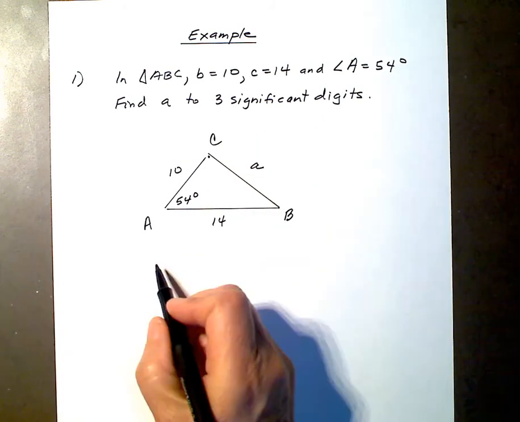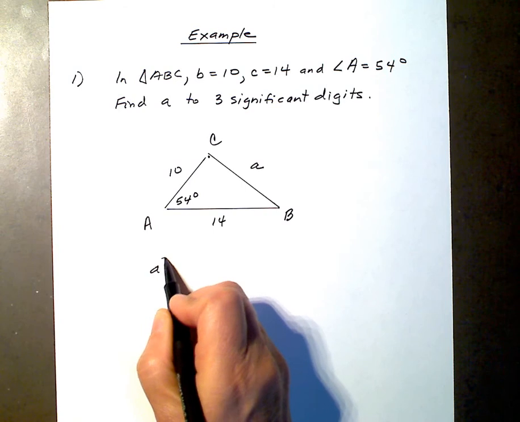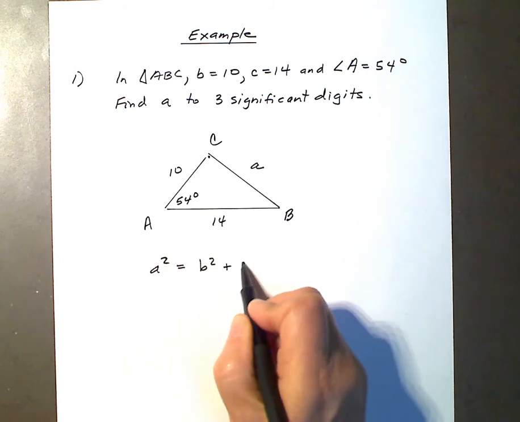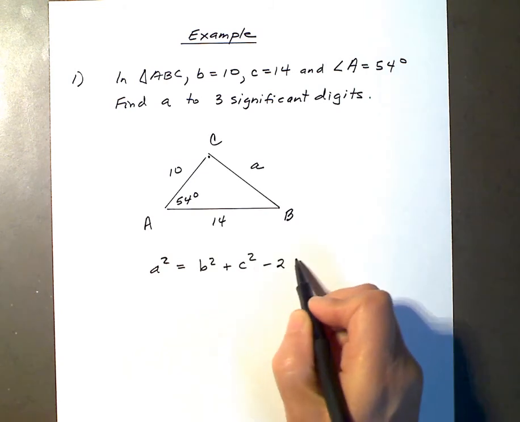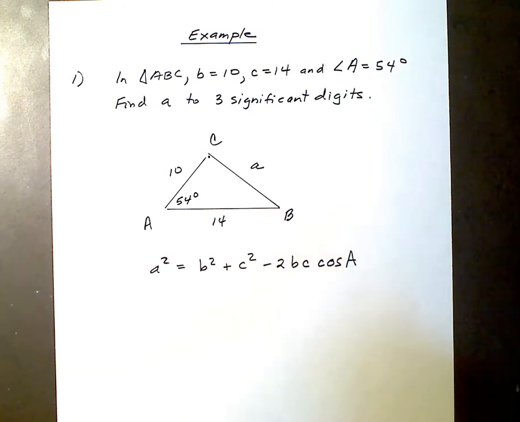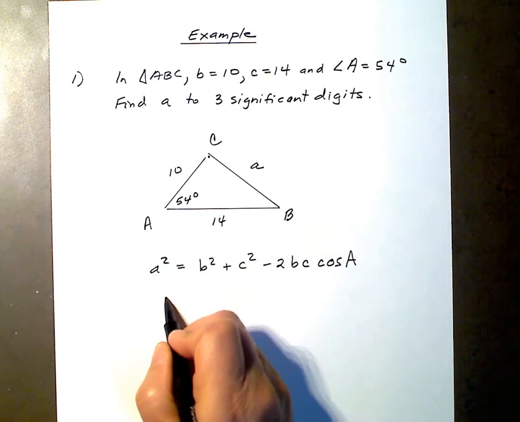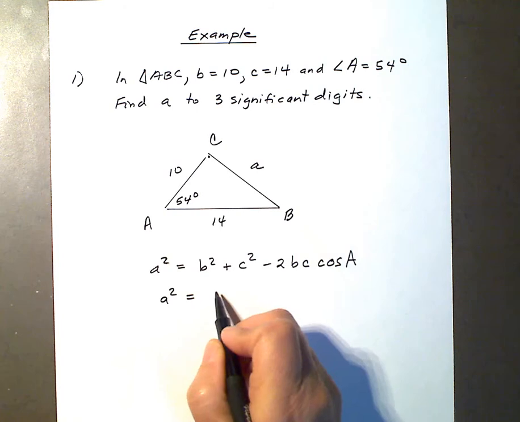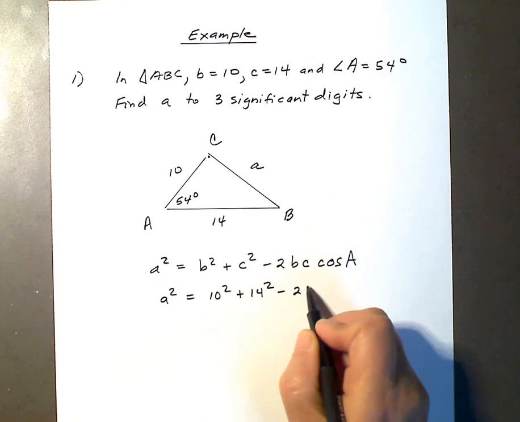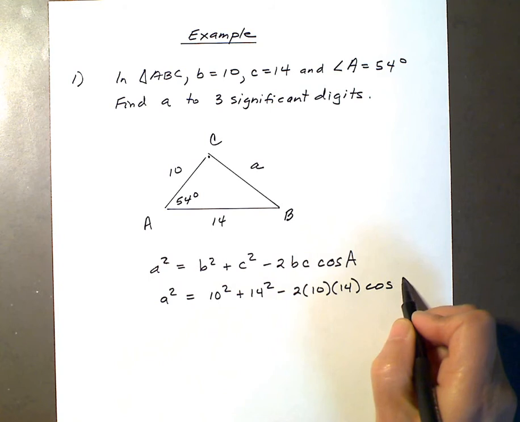So I'm going to frame the basic law: A squared, I'm trying to find A, is B squared plus C squared minus 2 times B times C times the cosine of angle A. So plugging in, A squared, the unknown, is equal to 10 squared plus 14 squared minus 2 times 10 times 14 times the cosine of 54 degrees.